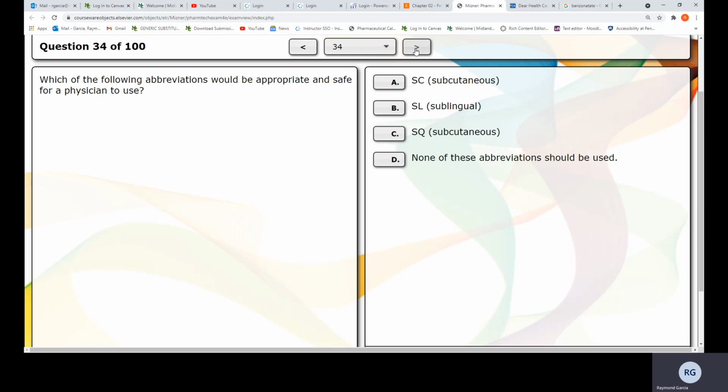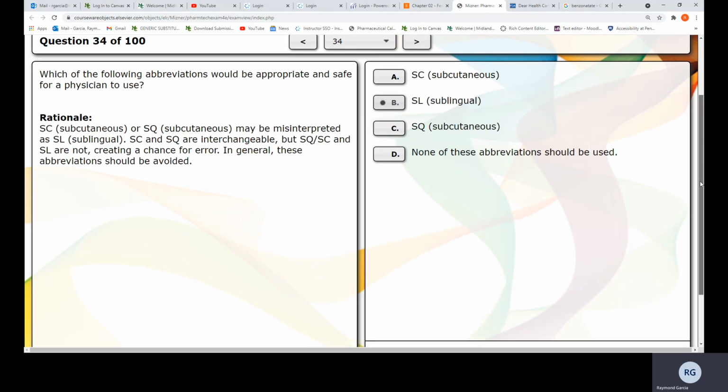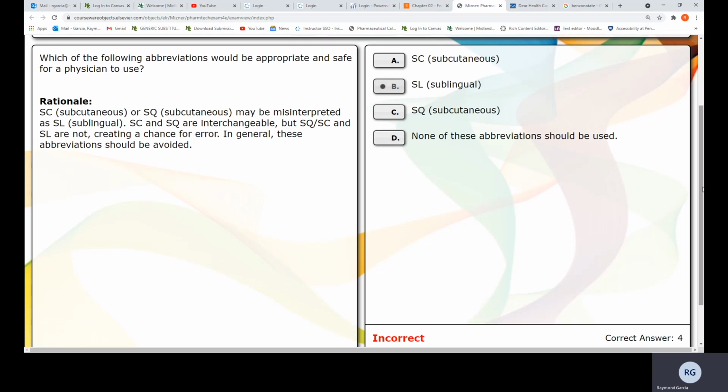B. C. So the physician should avoid all the above. SC and SQ are interchangeable, but SQ and SC and SL are not, creating transfer error.